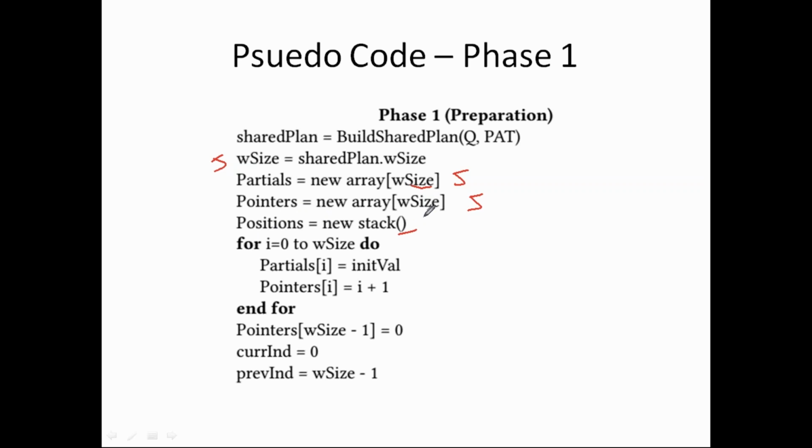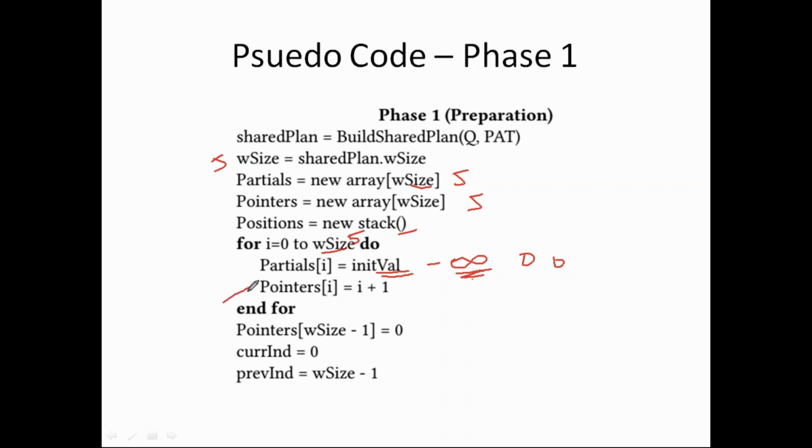Now I am going to initialize it with initial values. For i equals 0 to 5, partial of i is the initial value. Not 0: in the case of maximum, it should be minus infinity. In case of sum, it should be 0, and in case of count, it should be 0. I'm taking the example of max, so it is minus infinity.